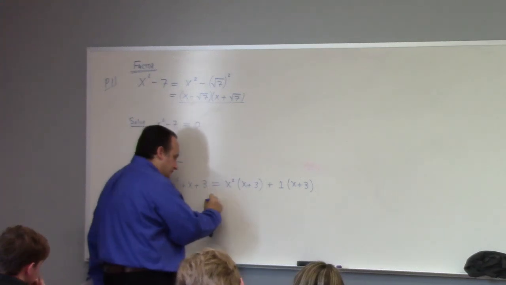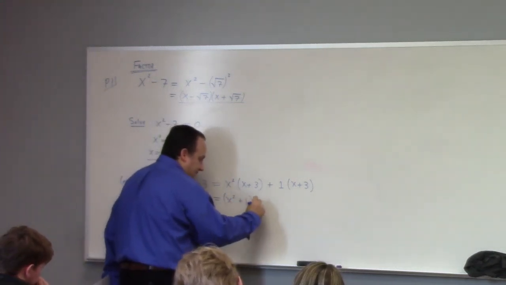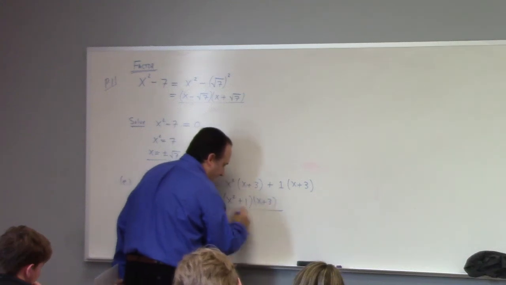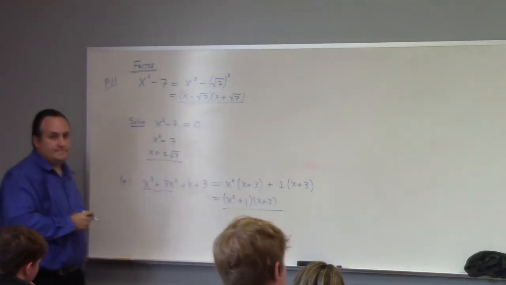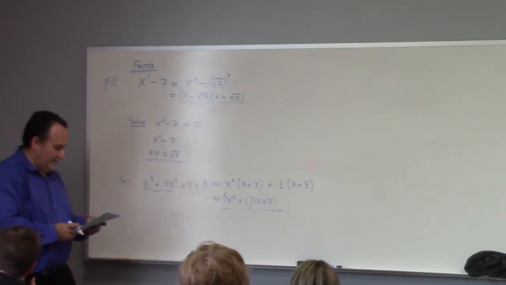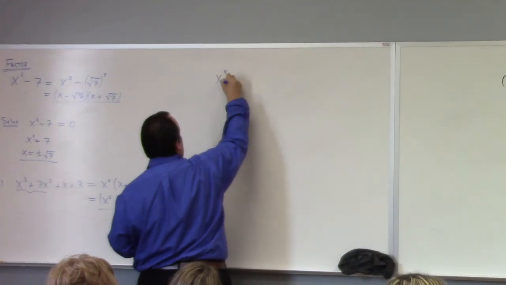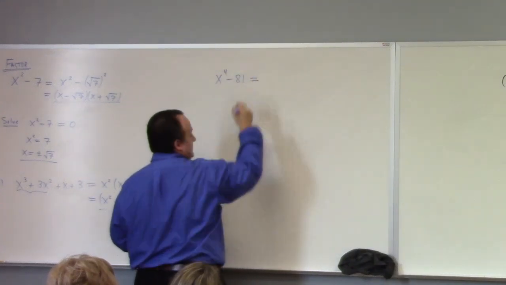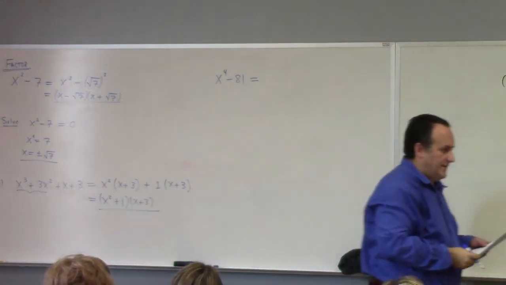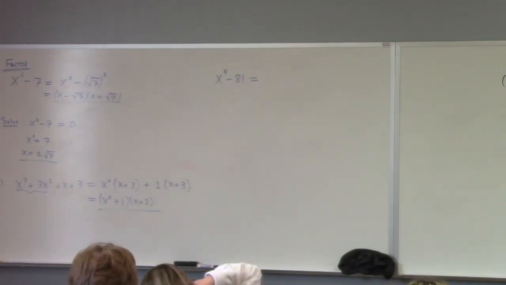So then we can use the distributive property and rewrite it like this. So what I just did is called factoring by grouping, right?